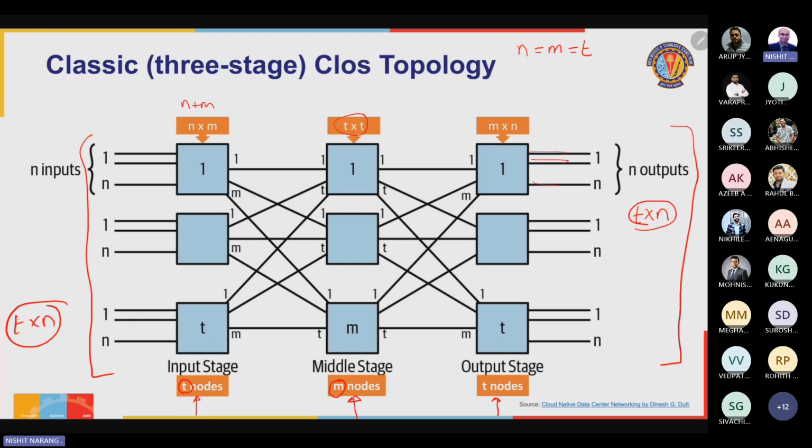But because telephony networks are seldom 100% utilized, it's not that all of the T cross N inputs are trying to make calls to T cross N outputs at the same time. I can choose the values of T, N, and M in a manner such that I can cater to the utilization that I expect in the network.